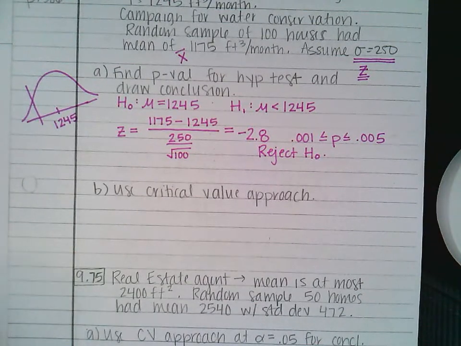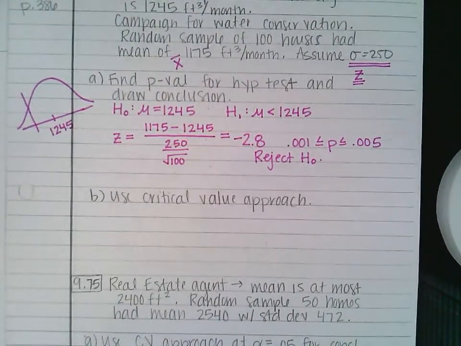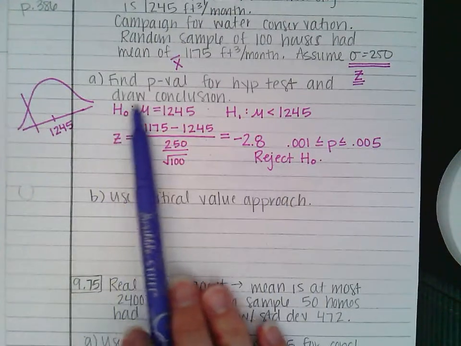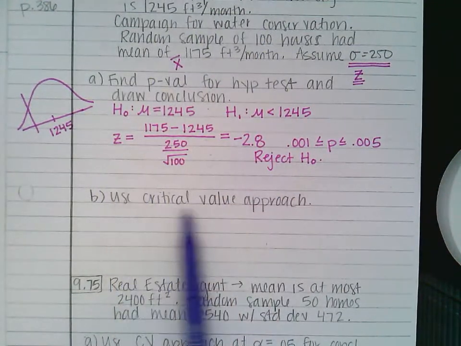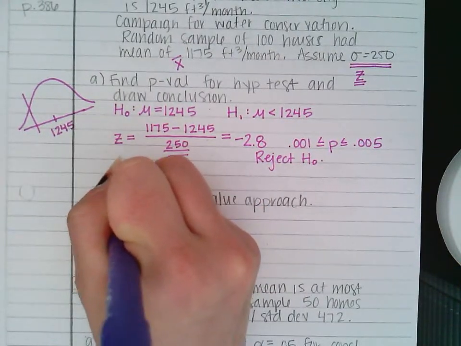Now, part B says, hey, use the critical value approach. In this question, I don't think I wrote what alpha should be, so let's just do this under alpha is 0.01 just for funsies.